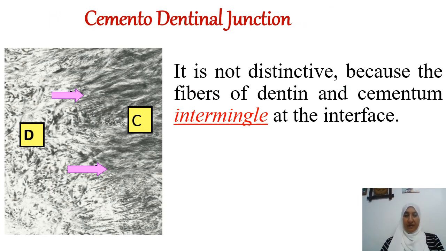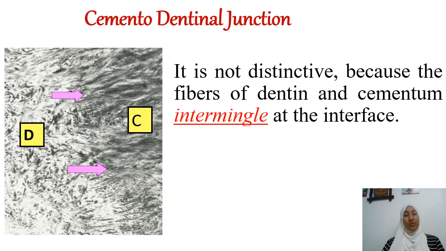After describing both types of cementum, cellular and acellular, we now turn toward the dentin, and we need to check the junction between cementum and dentin, which is called the cemento-dentinal junction.